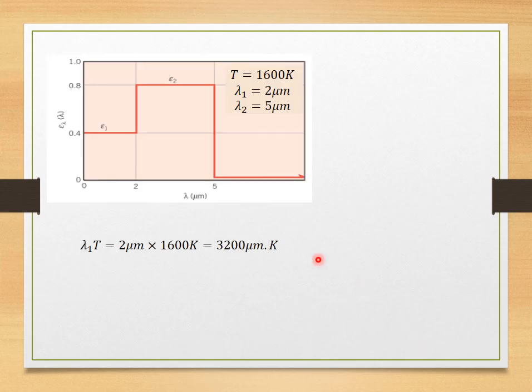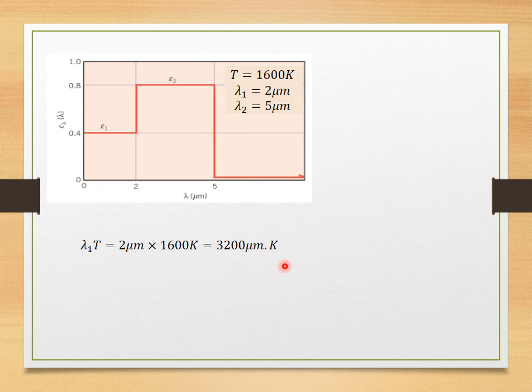So from this information, lambda 1 times T: lambda 1 is 2 times T from the equation, 1600 Kelvin, and we get 3200 micrometer Kelvin.